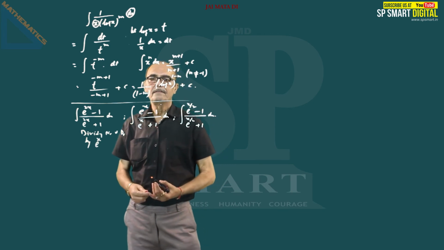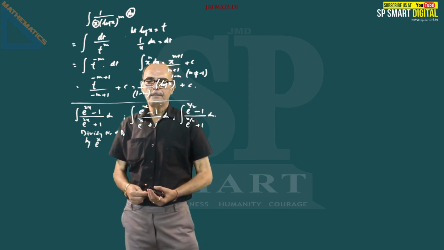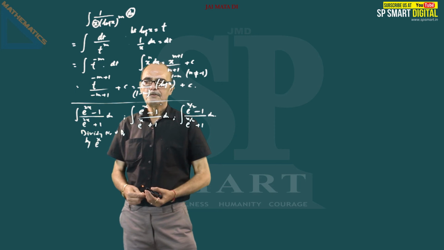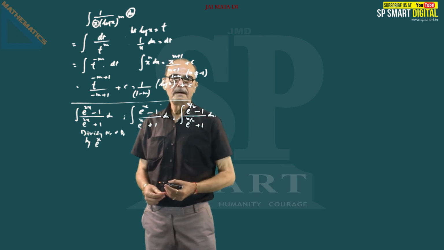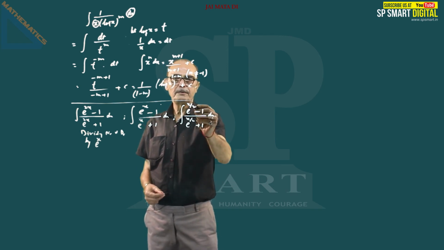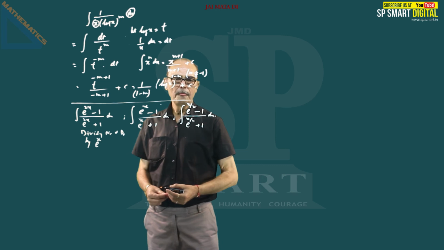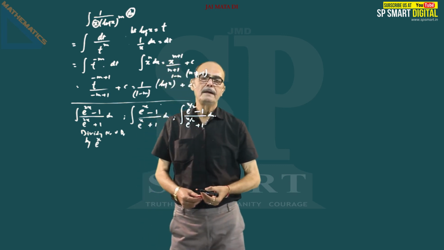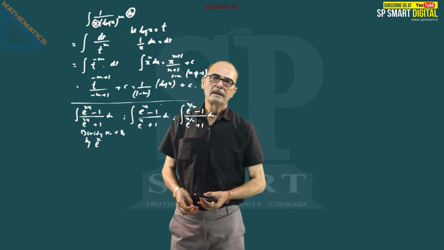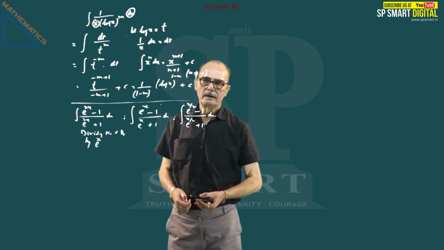So, here we shall divide numerator and denominator by e raised to power x by 2, half of x. In this case, half of x by 2 is x by 4, and we divide numerator and denominator by e raised to power x by 4.